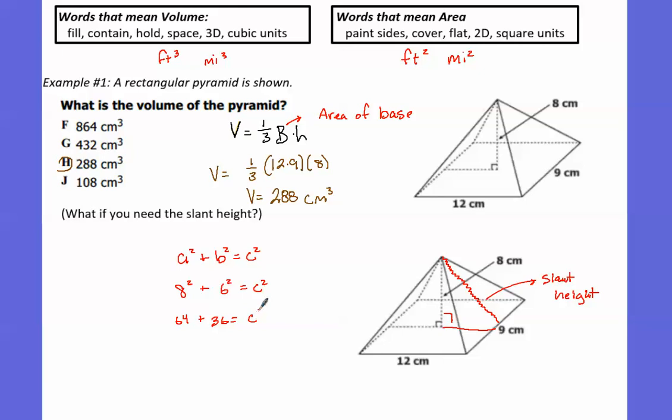It's going to give you c squared, or the hypotenuse of your triangle, which is 100. We would then square root both sides of the equation to find the hypotenuse would be 10, which indicates that the slant height here is 10.